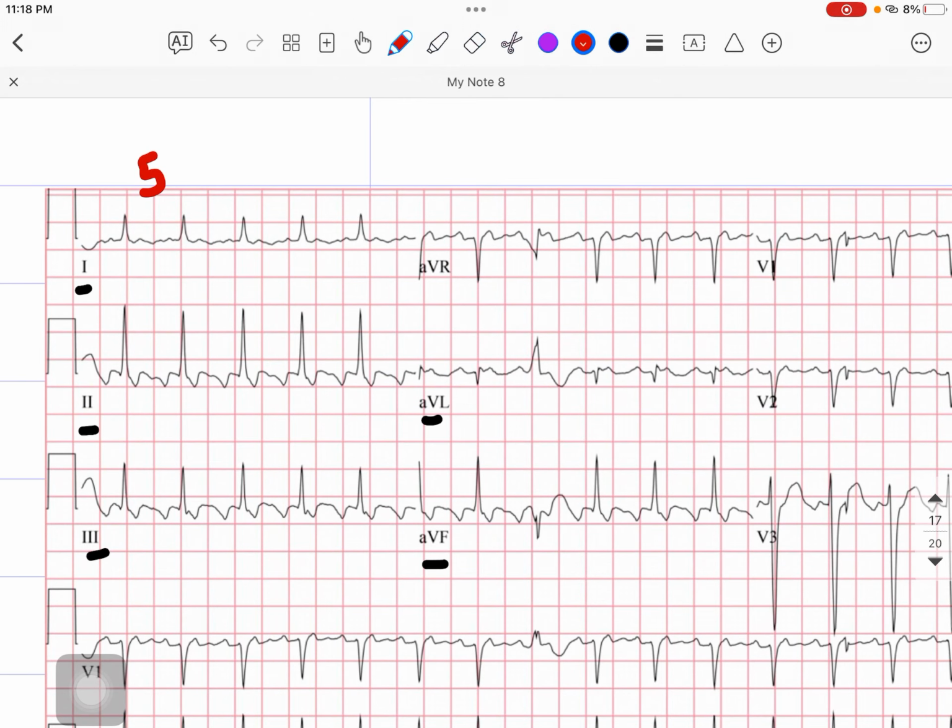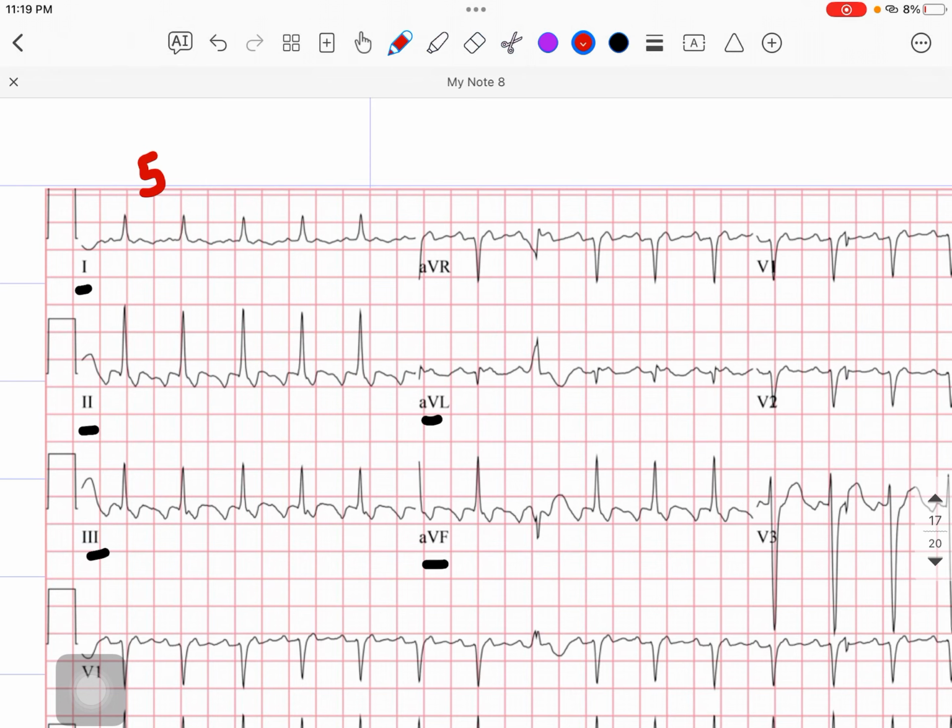Let's talk about the second lead. Second lead is the taller one among 1, 2, 3, AVL, AVF. AVL has a very small one, so I'm not considering much about that. Among the third one and the AVF, AVF is the taller one.